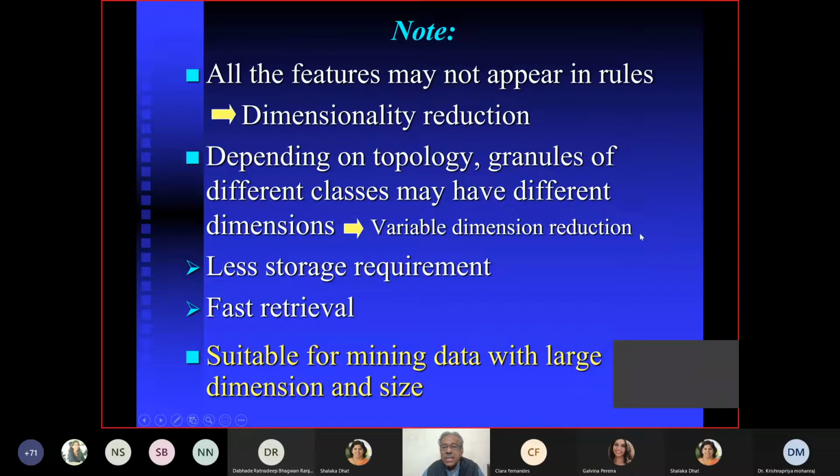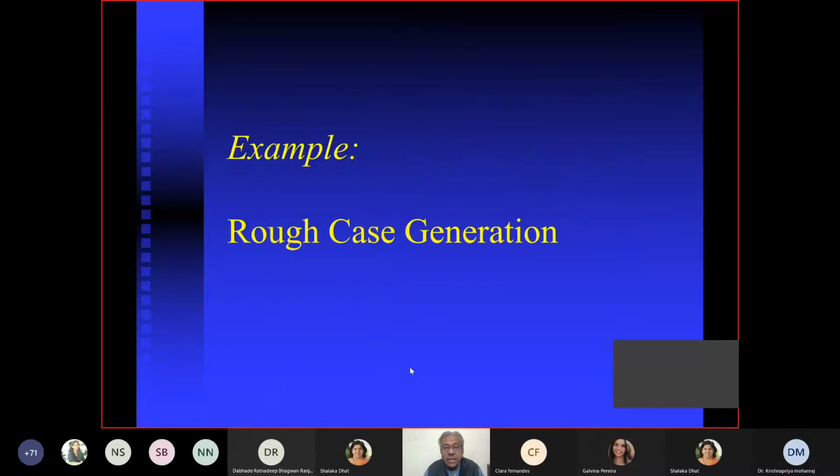That means all the classes may not have the same reduction in dimension. It is called variable dimension. Therefore, there is less storage requirement, my retrieval will be very fast, and it will be suitable for mining large data sets.